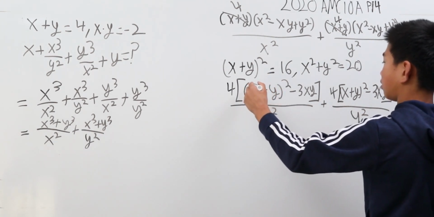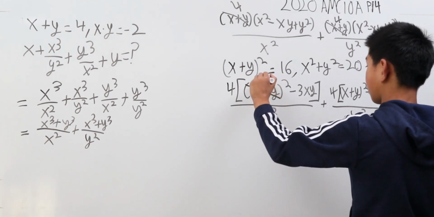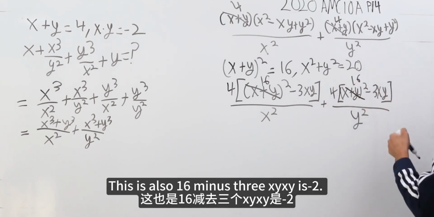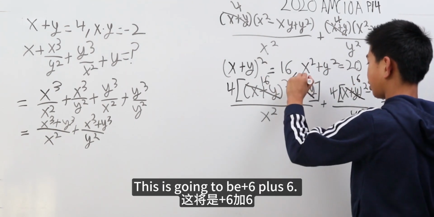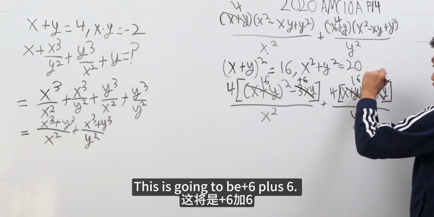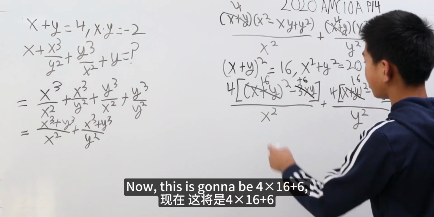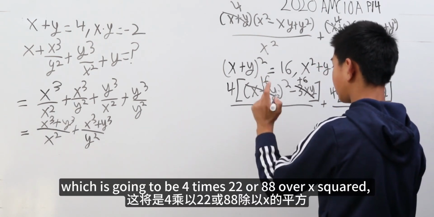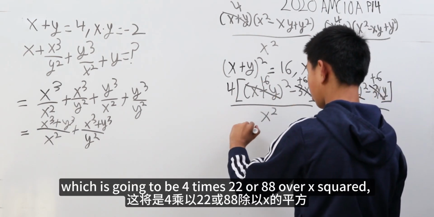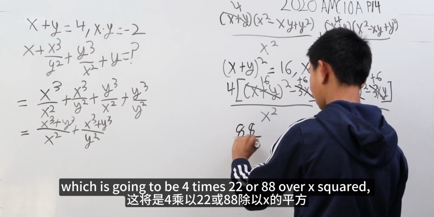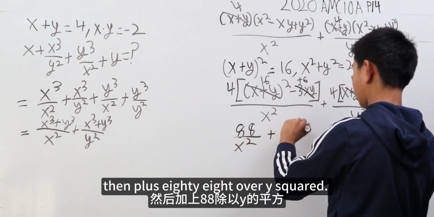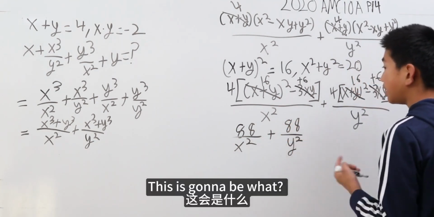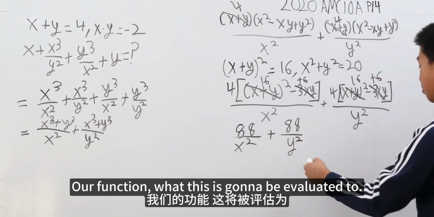This top is now 16. This is also 16, minus 3xy. xy is negative 2, so this is going to be plus 6. So now this is going to be 4 times 16 plus 6, which is 4 times 22, or 88, over x squared, and then plus 88 over y squared. This is what it's going to be evaluated to.